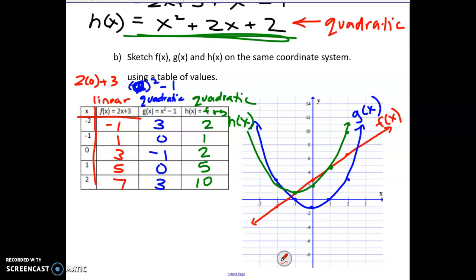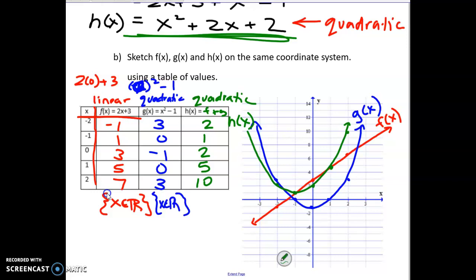So let's first of all look at the red graph, the linear graph. Okay, the domain of any straight line is just going to be an element of reals. The blue graph is, and you don't have to write this down, a quadratic, which means it would also be an element of reals.